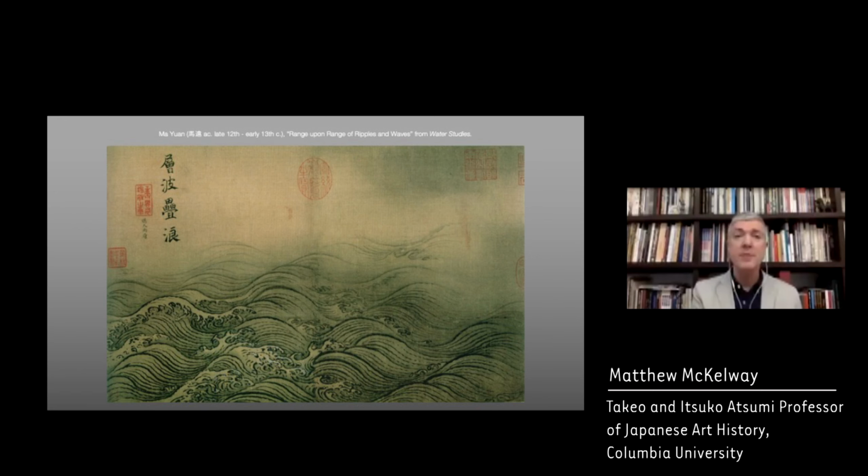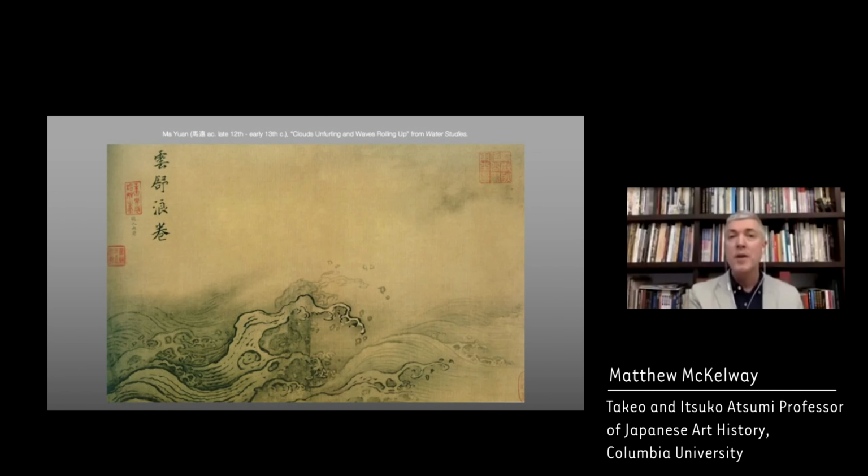Perhaps the next image, showing us a view called Clouds Unfurling and Waves Roiling Up, shows us something even closer to Hokusai's image.